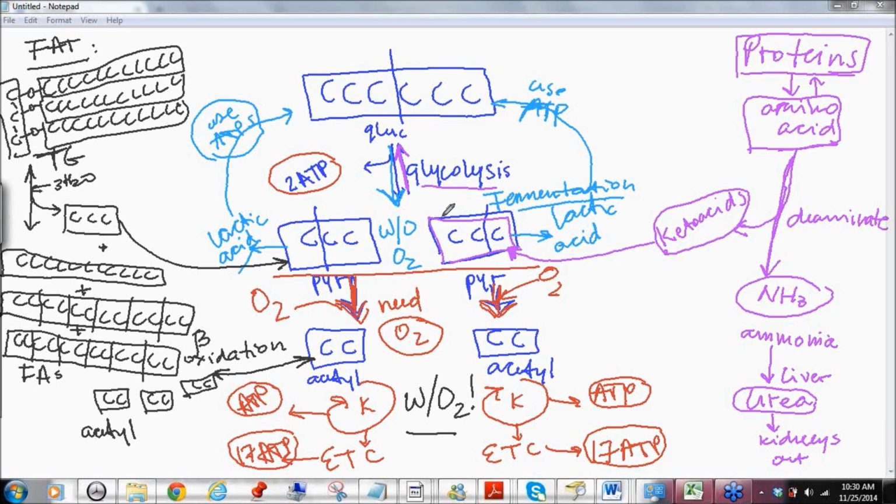You can take pyruvate and turn it back into glucose and use glucose or provide glucose for organs like brain and red blood cells for energy. Or you can take the pyruvate and turn it into the acetyl groups and run them through Krebs cycles and electron transport chains, get energy. Or you can take the pyruvate, turn it into the acetyl groups, and take the acetyl groups and turn that into fats and store that as fat.